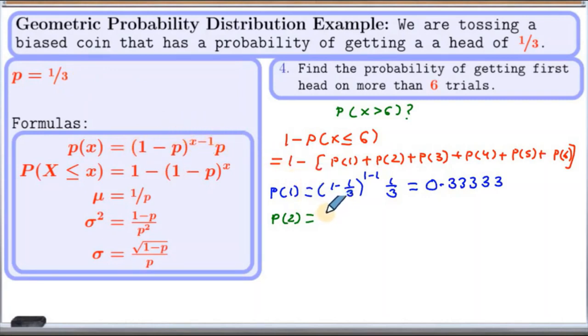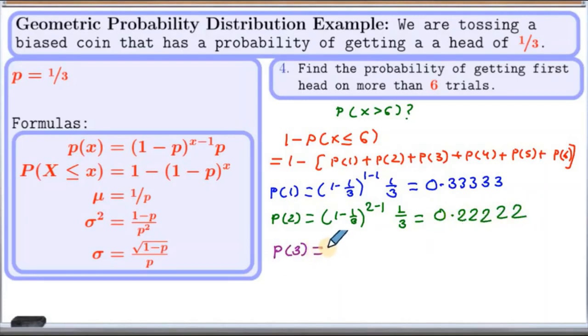We get 1 minus 1 over 3, 2 minus 1, and this is 1 over 3. So you can put this whole thing in a calculator. This whole thing comes out to be 0.22222.